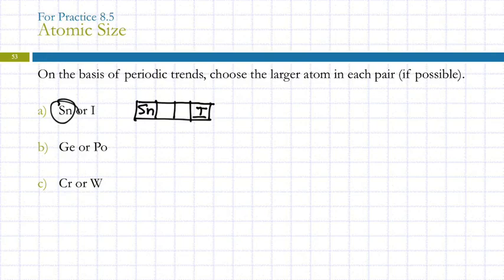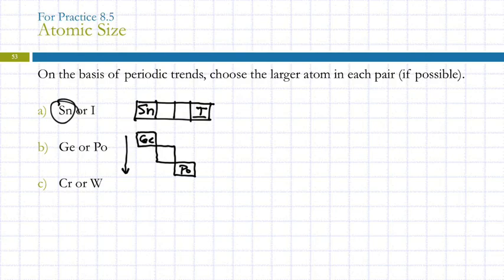Okay, let's look at Ge and Po, germanium and polonium, named for Germany and Poland. So here's germanium and here's polonium. So here we have things going on the diagonal. So going down, is it getting bigger or smaller?